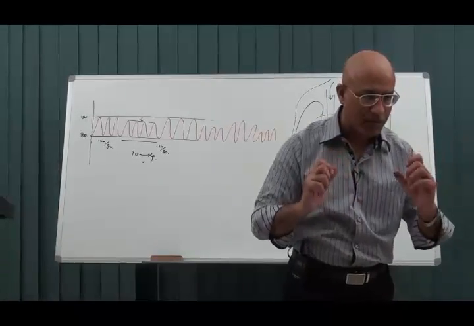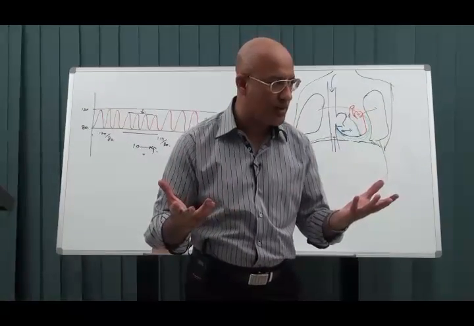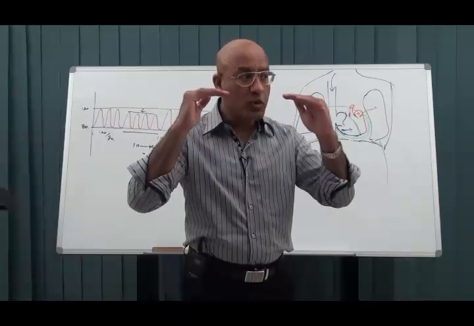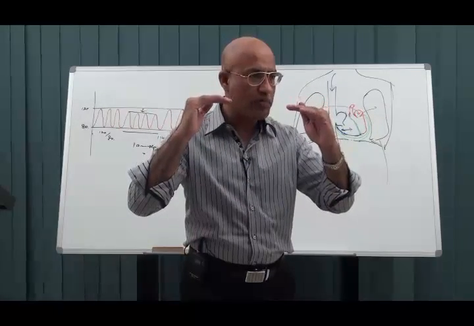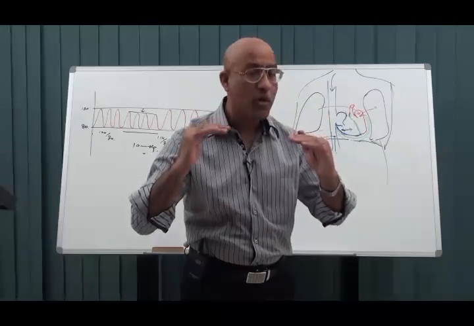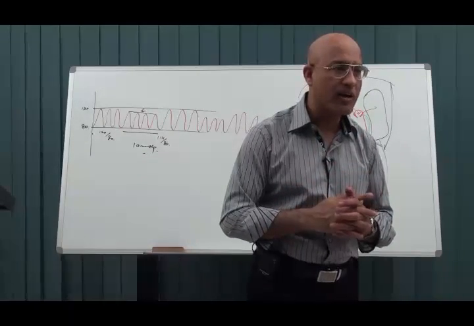Again I will repeat. Paradoxical pulse is a situation in which during inspiration systolic blood pressure drops more than 10 millimeter of mercury. Then we say there is pulsus paradoxus.